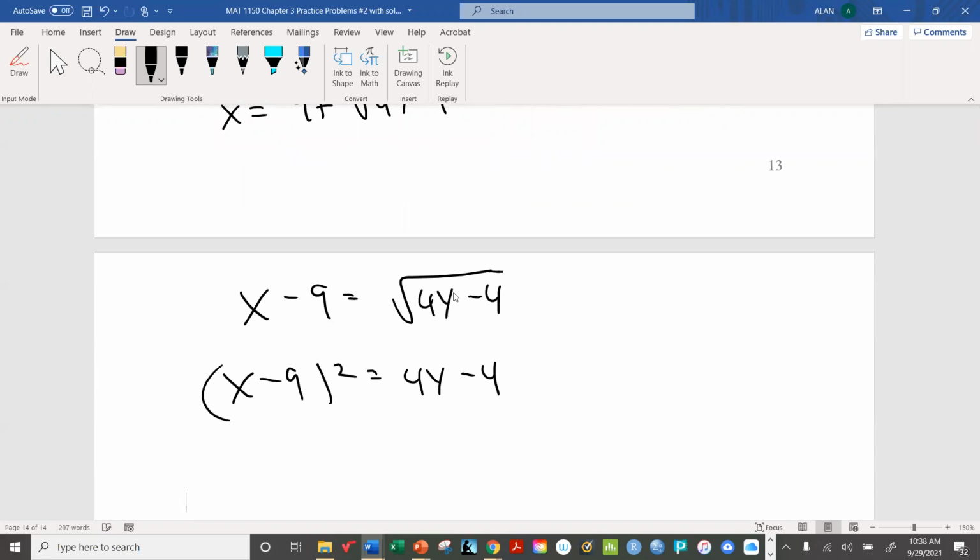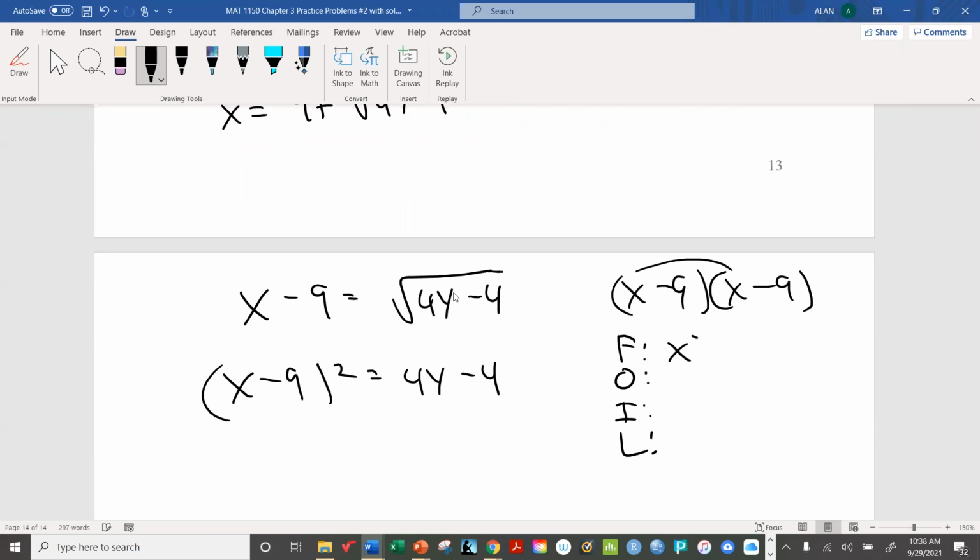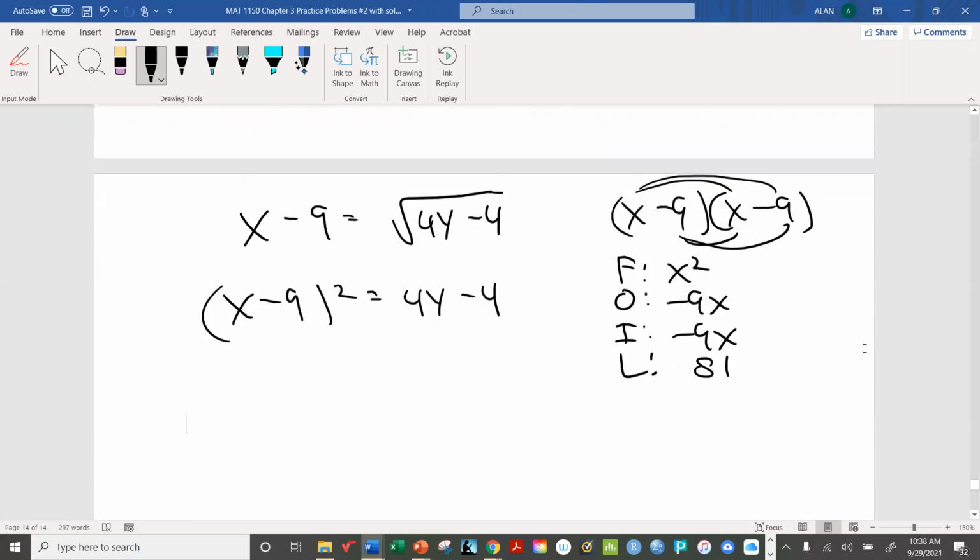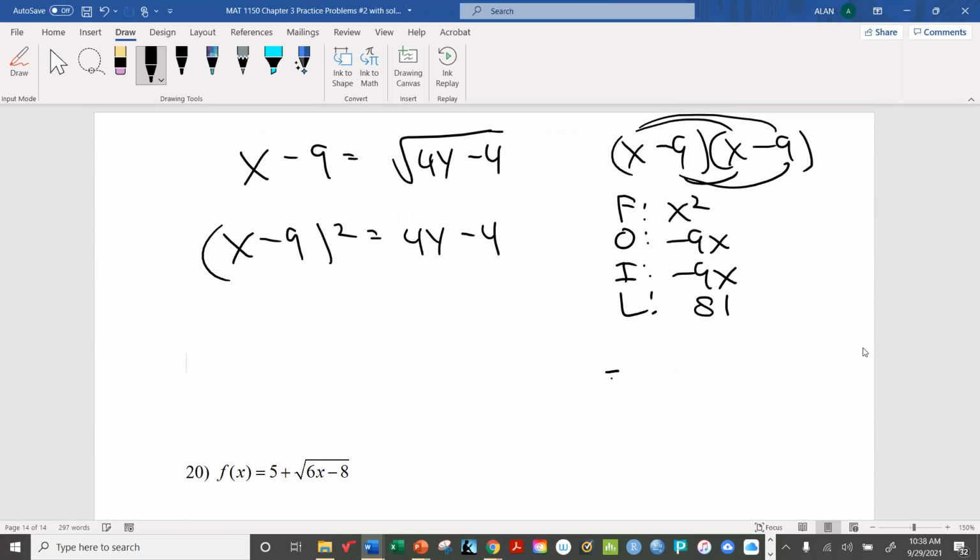Okay, now x minus 9, we can FOIL this to get the square of it. x squared minus 9x minus 9x plus 81. So you're going to have x squared minus 18x plus 81. So that belongs on the left-hand side.